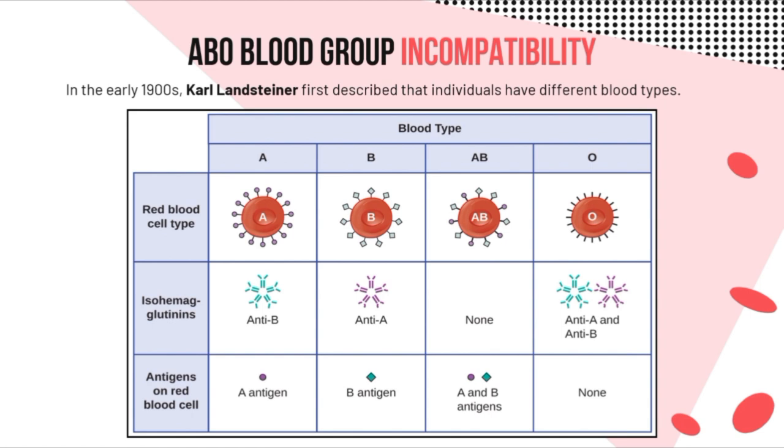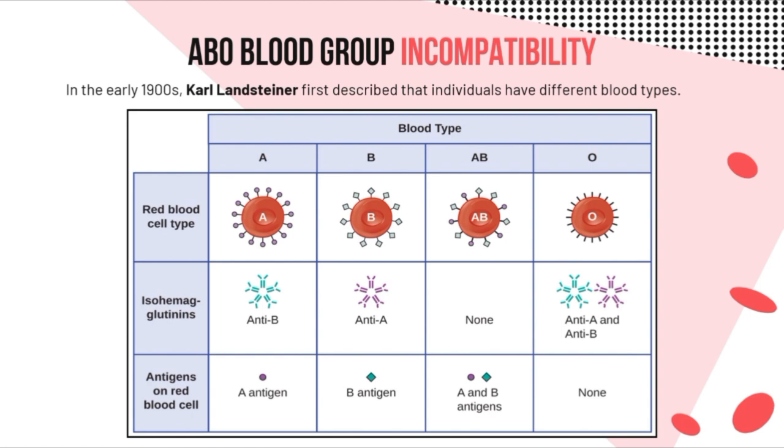And if there's a presence of B antigens on their red blood cells, then the individual is classified as a type B person and they have anti-A antibodies. Now, if a person has both A and B antigens on their cell surface, then they are classified as a type AB individual and they don't have any anti-A or anti-B antibodies.